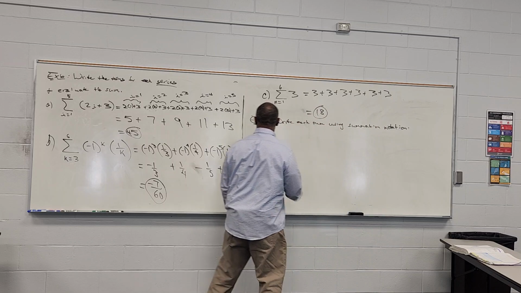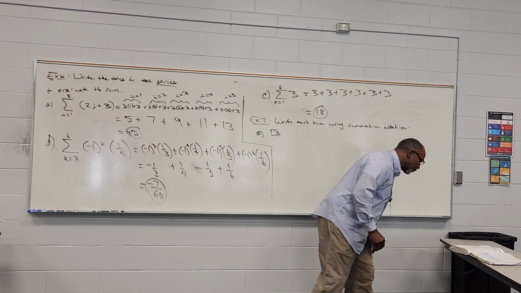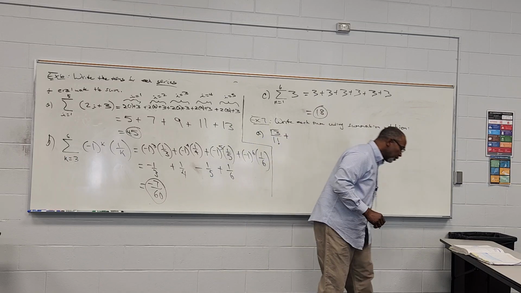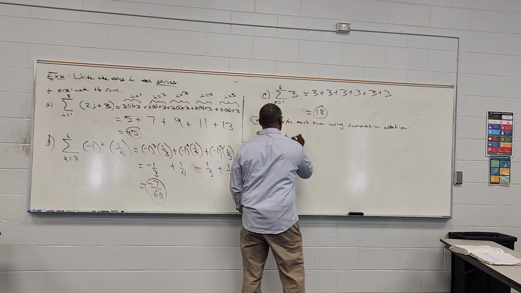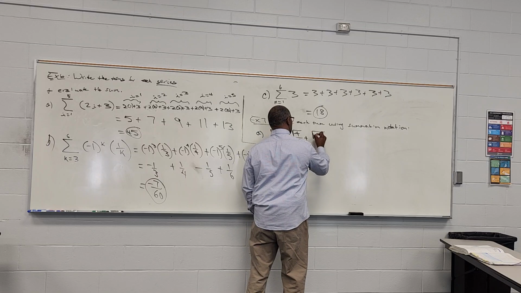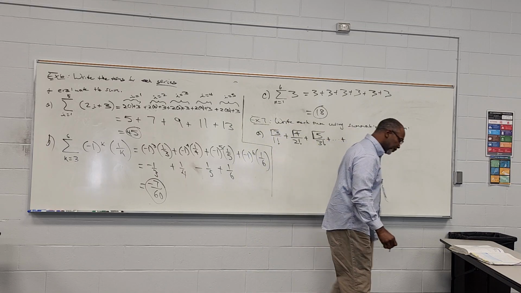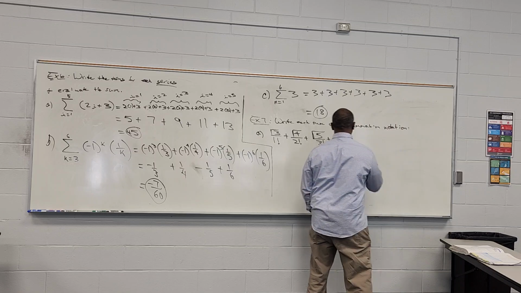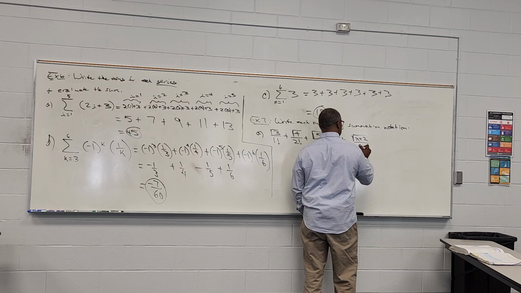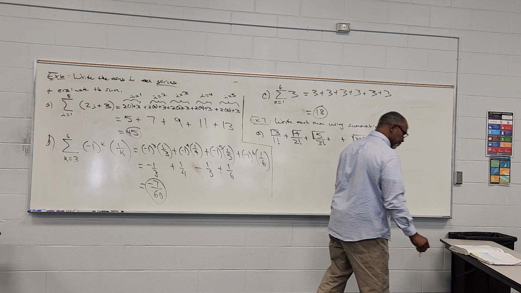So A, square root of 3 over 1 factorial plus square root of 4 over 2 factorial plus square root of 5 over 3 factorial, dot, dot, dot, okay, plus square root of n plus 2 over n factorial, okay?